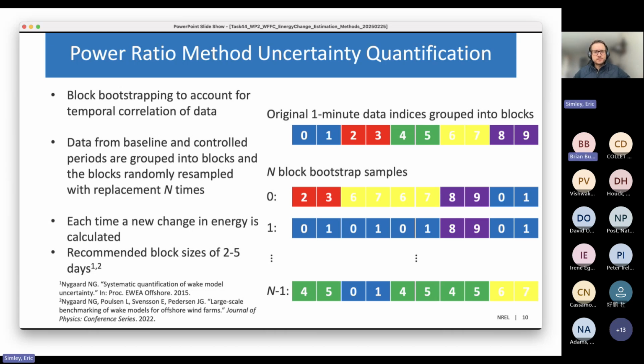Yeah, that's interesting. How do you filter for the advection times at each toggle split before you resample? Yeah, for this data set, we just removed the first 10 minutes after the control mode change, to account for the wake advection and settling of the yaw offsets in the new control mode.